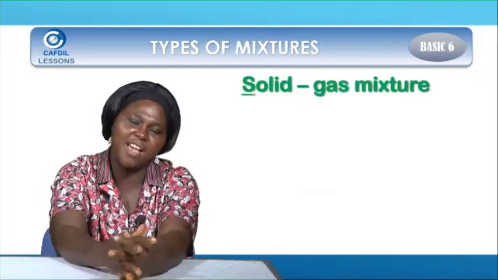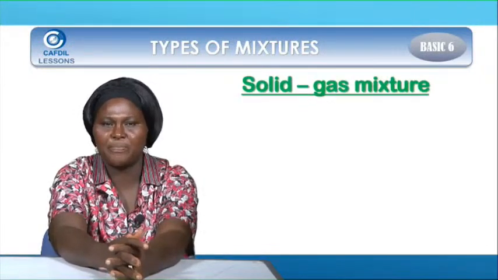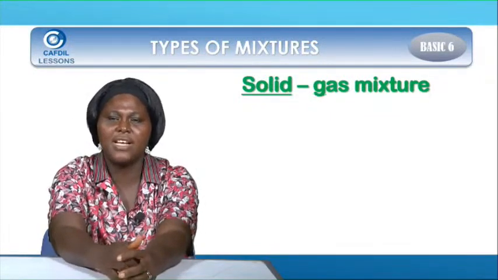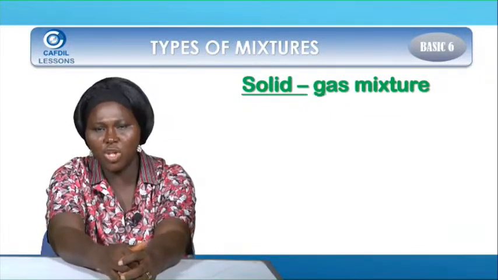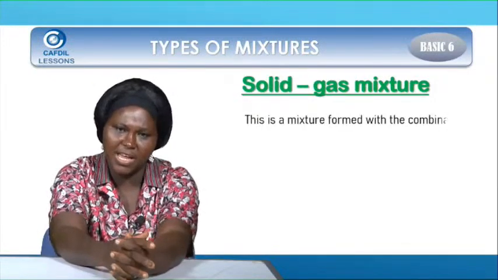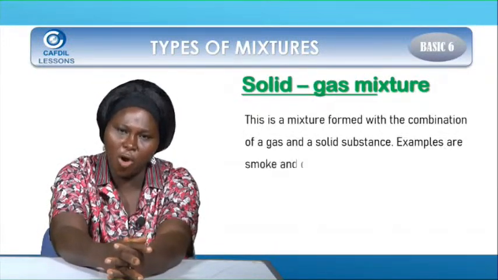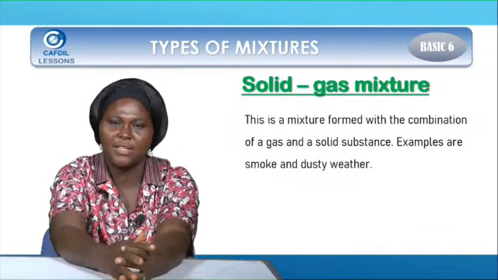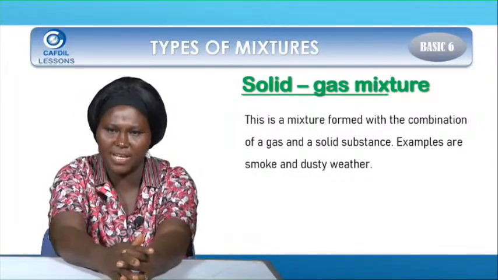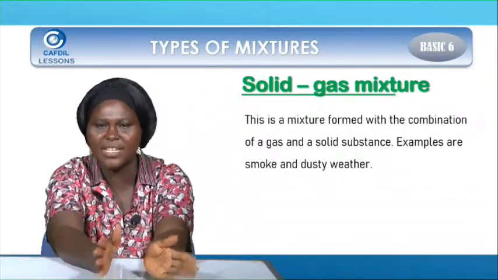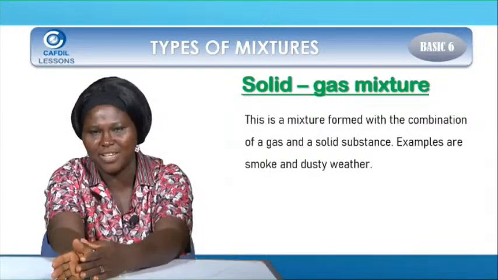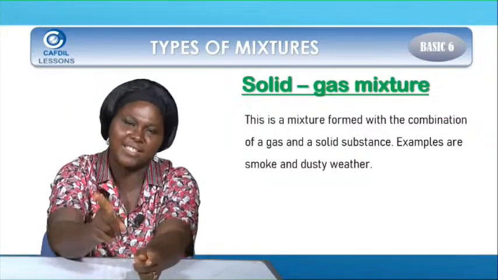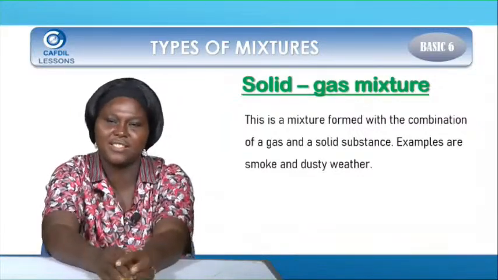Let's look at another example of mixture. Another example is solid gas mixture. This is a mixture formed with the combination of a gas and a solid substance.